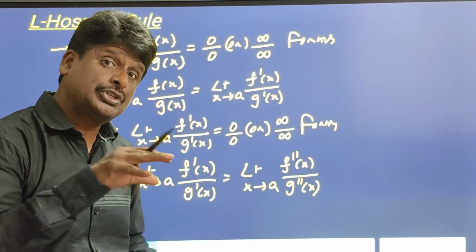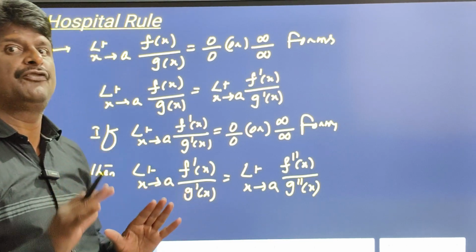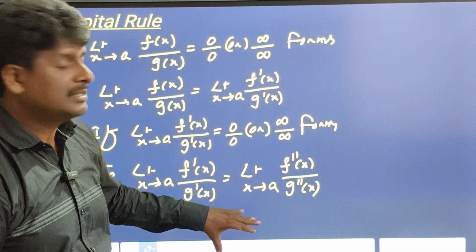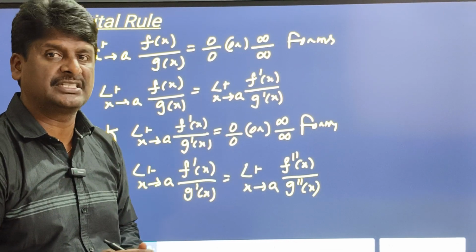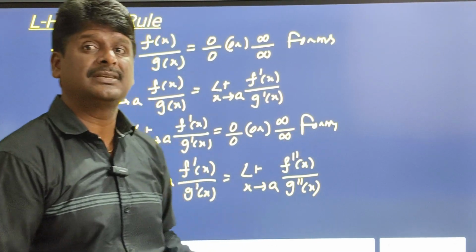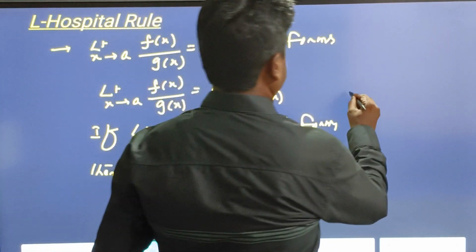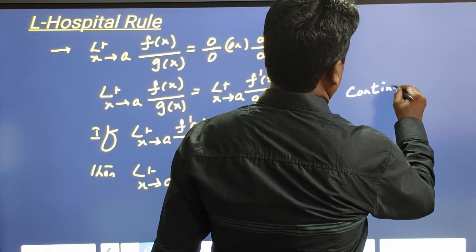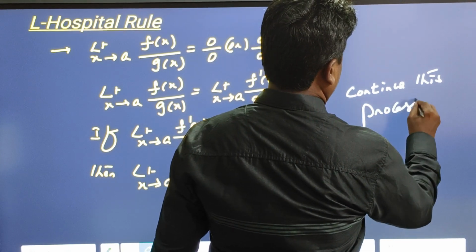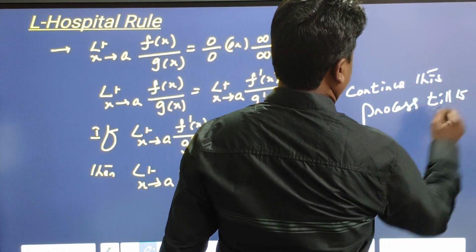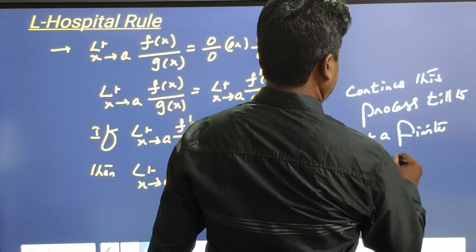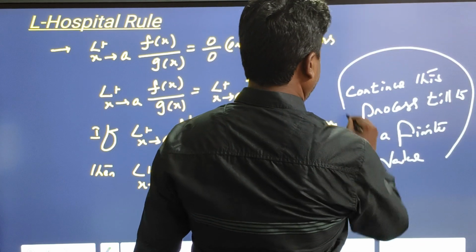If we get 0 by 0 or infinity by infinity forms here also, again continue this process: differentiate numerator and denominator separately, then apply the limit. Continue this process till we get a finite value.